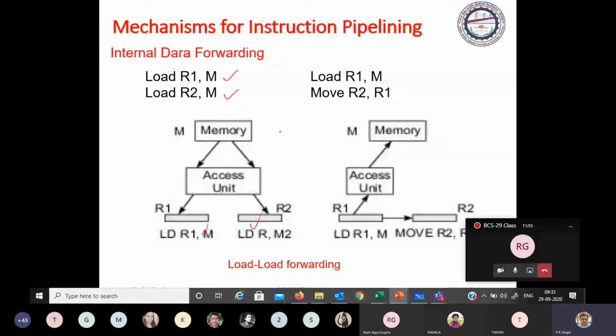It will take, as you saw last time, much time, about 8 cycles, but here you can perform the entire operation in 5 cycles. What we are doing is first loading the information in a register and then transferring from this register to this register. Okay.